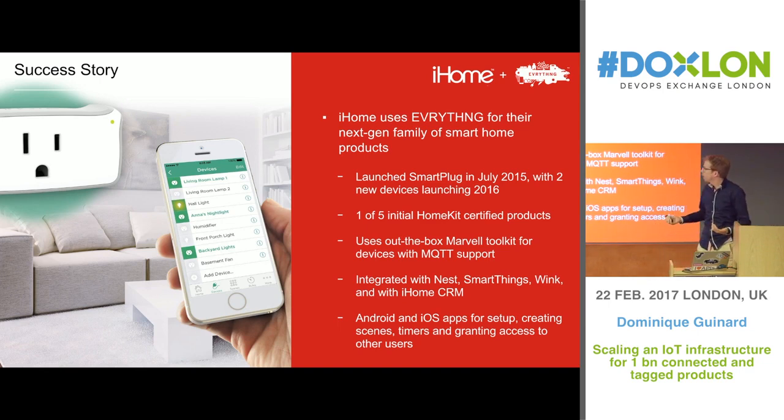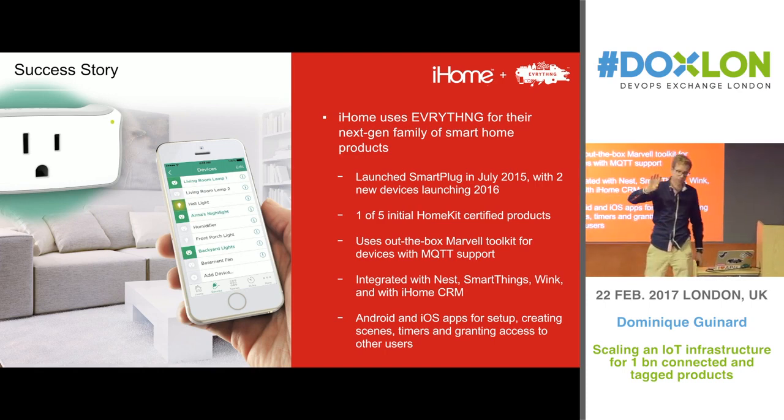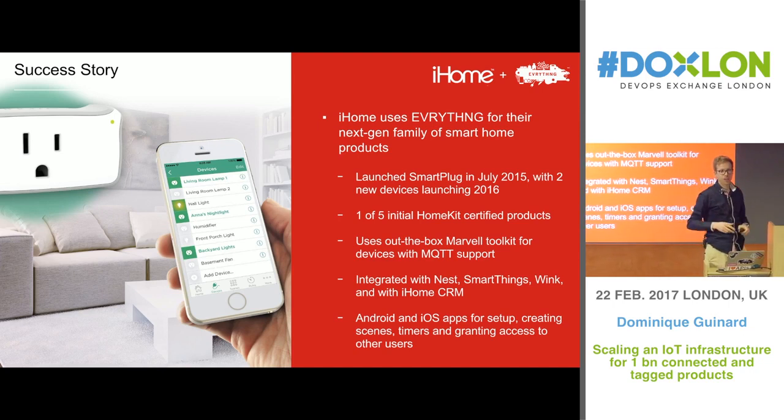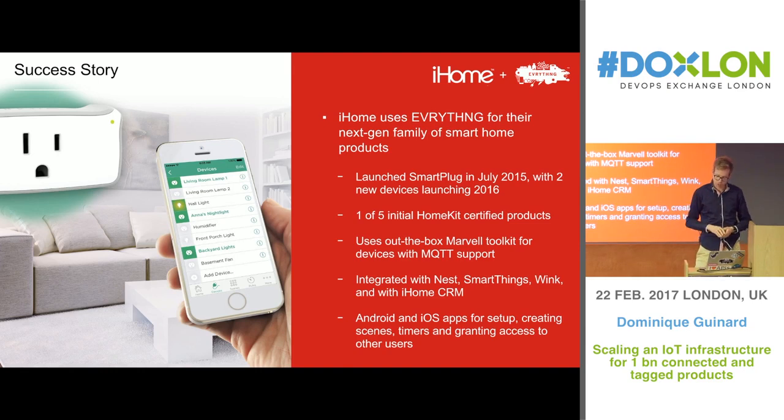But an example would be we power all the devices of iHome. iHome is a big American brand, and we're the cloud behind that. iHome is an interesting one because it's based on very cheap embedded devices, so we had to make some compromises. It's also interesting because that particular device is plugged in permanently, so it doesn't have the battery problem. In that case, we picked with them Wi-Fi and MQTT, and that's actually great.